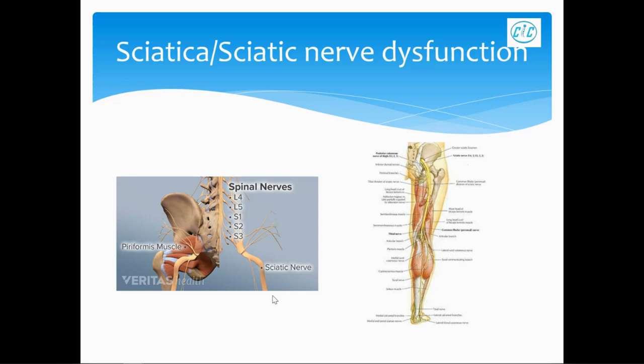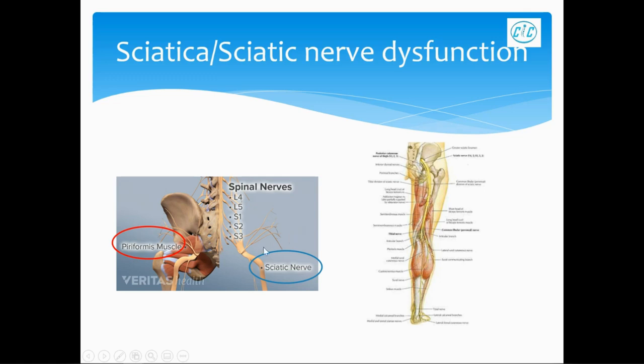And so if the damage is right here, you don't want to pay attention to this as much, or if the damage is right here, you don't want to pay attention to this area, because you're treating a different area that is not the source of the damage. And here is the sciatic nerve.